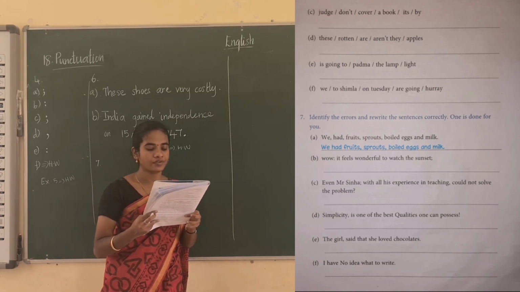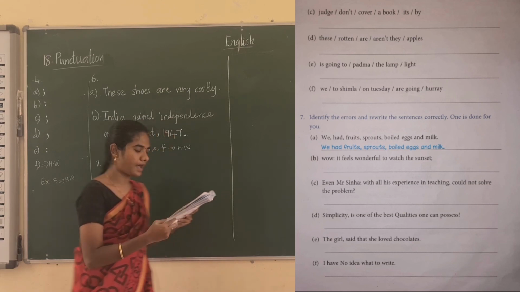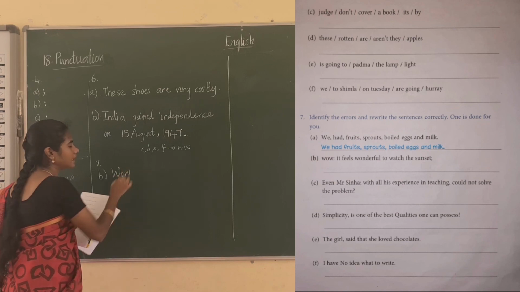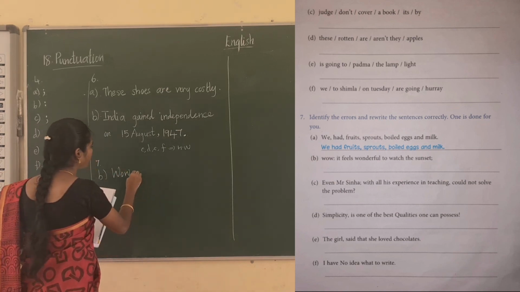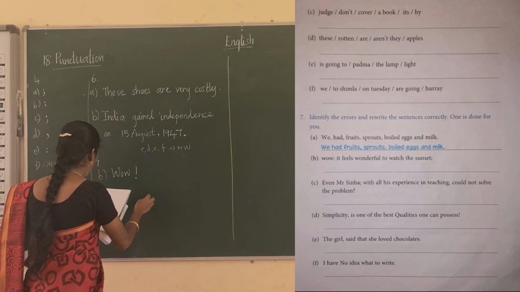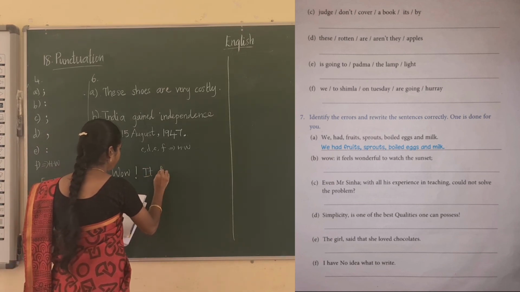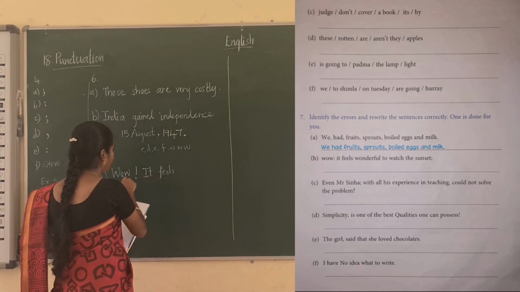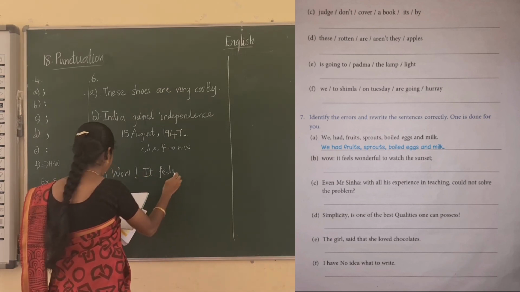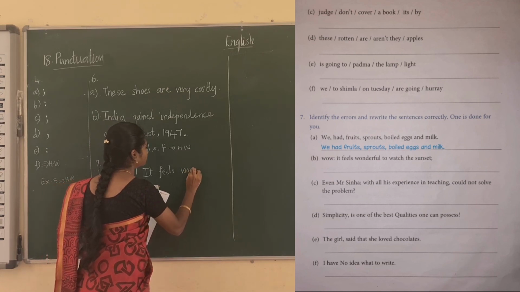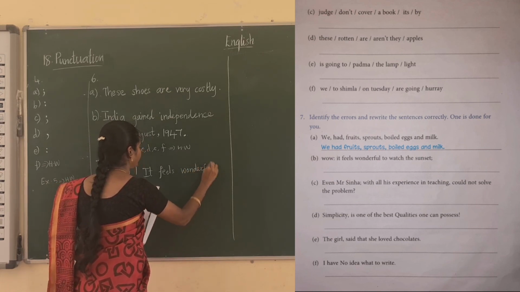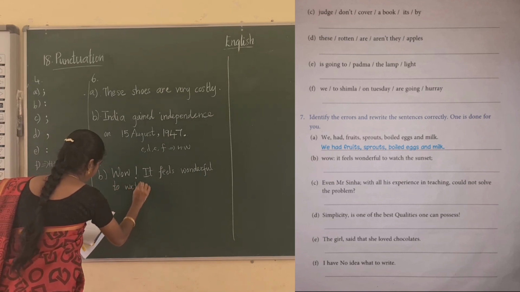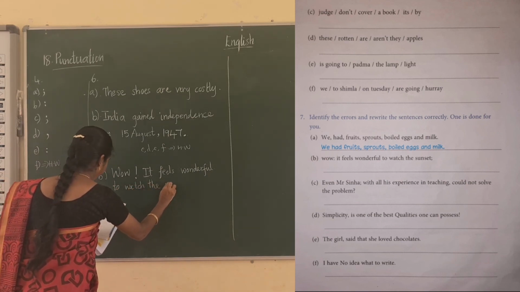See the next one. Wow, it feels wonderful to watch the sunset. How can we write? Wow is the interjection. So after the interjection you have to put an exclamation mark. Wow! It feels. You have to put a capital I. Wow! It feels wonderful to watch the sunset.